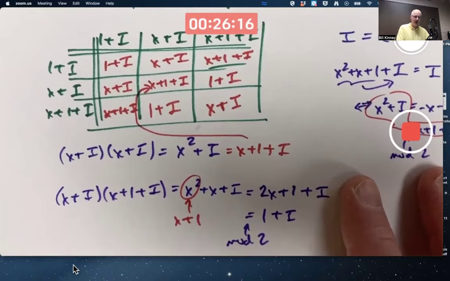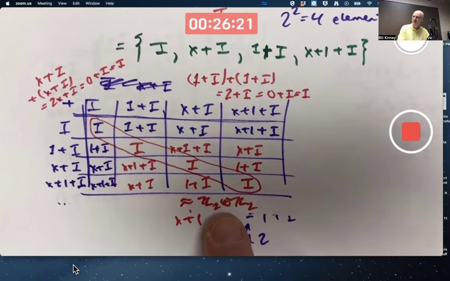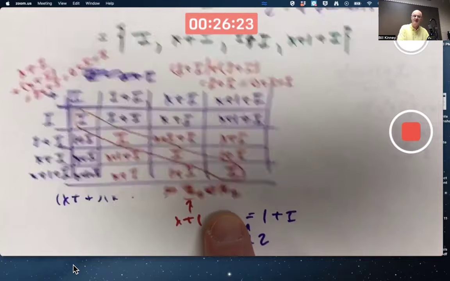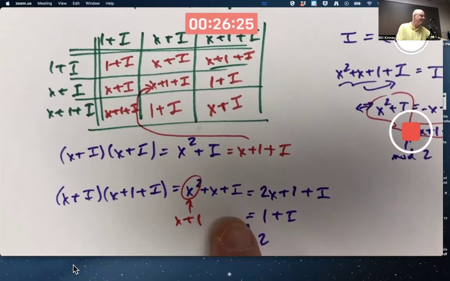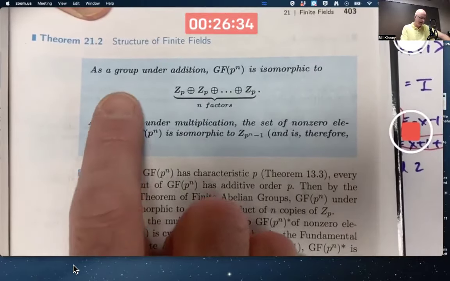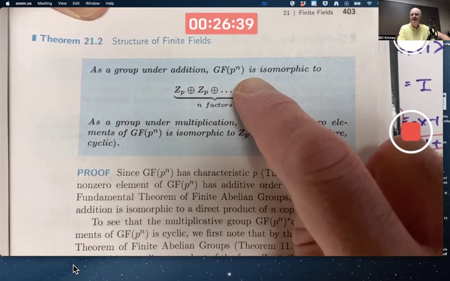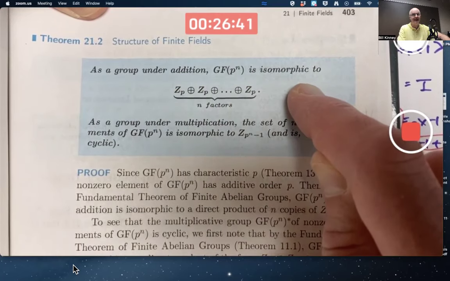As a group under addition, all the elements of GF4 was not a cyclic group. This is a special case of a more general fact. The structure of finite fields as a group under addition, GF p to the n is isomorphic to, well, it's not a cyclic group.